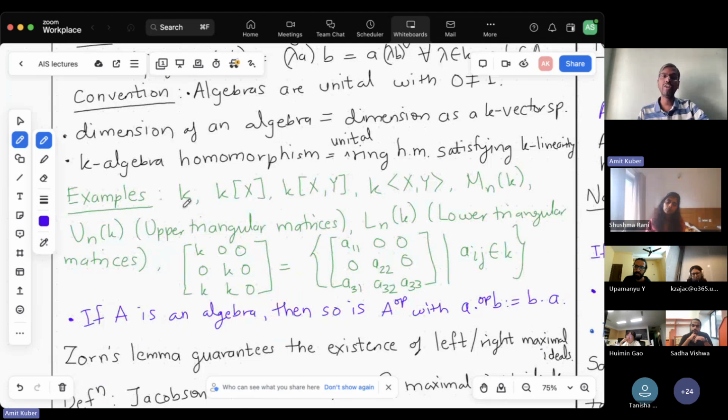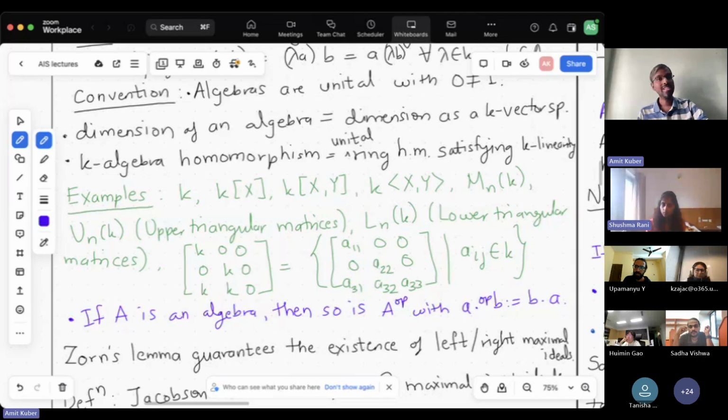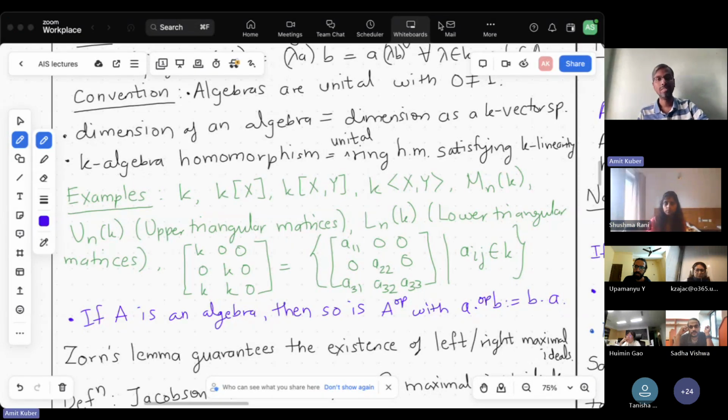What will be the quiver for K? That's just the trivial 1 dot. Yes, this is A1. What about KX? The loop. The loop quiver. What about KXY?